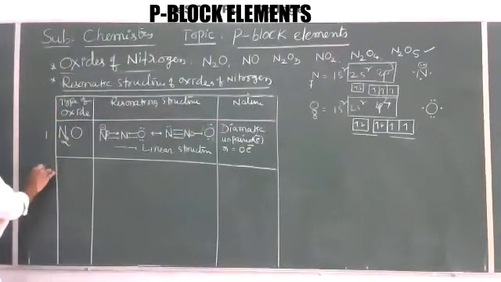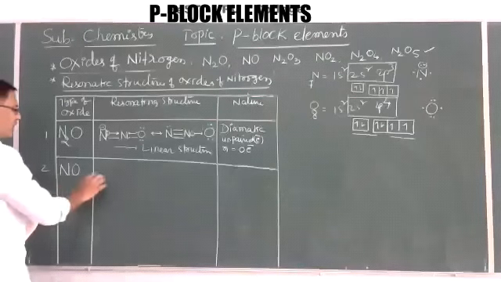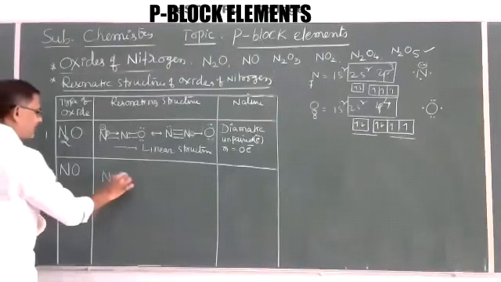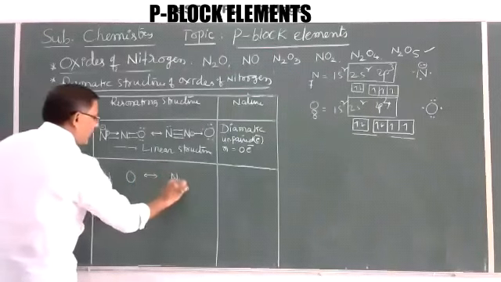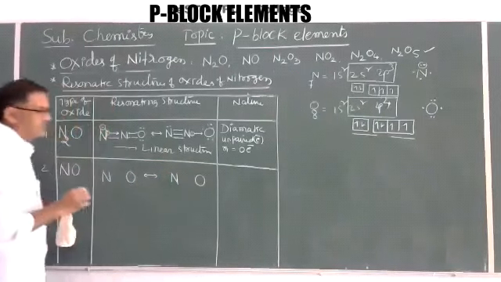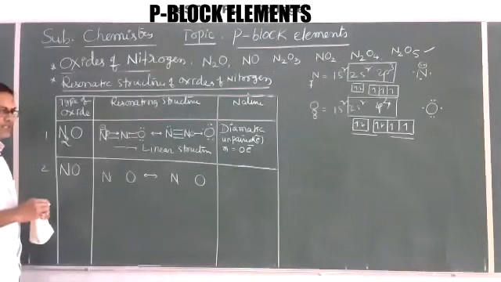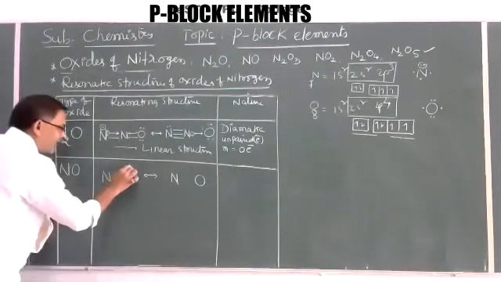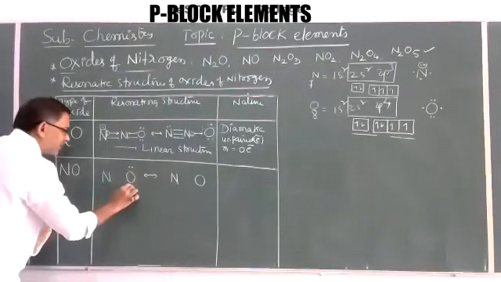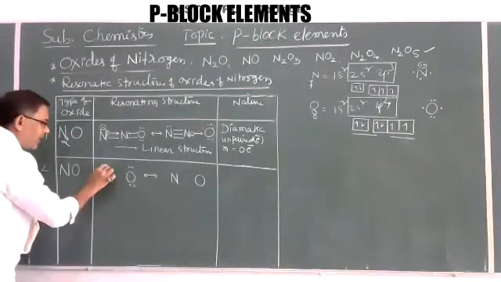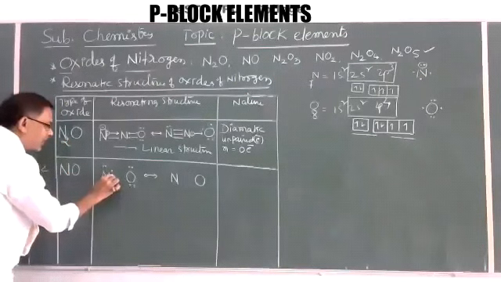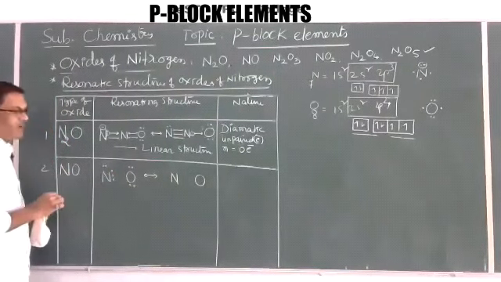Then the second one is NO, nitric oxide. Here it contains only one nitrogen atom and one oxygen atom, nitrogen and oxygen. See here on the oxygen atom there are 6 valence electrons, and on the nitrogen atom a total of 5 valence electrons.